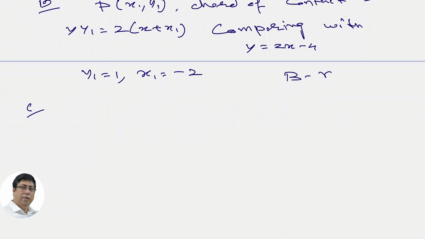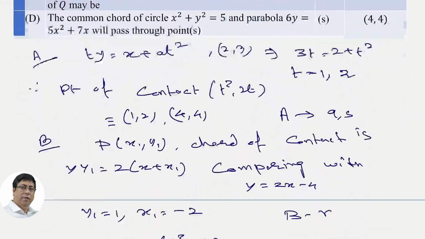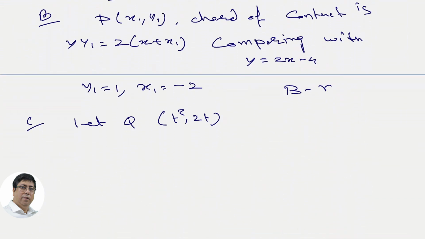Let Q be at square comma 2at, a is 1, so t square comma 2t, and O already we know, and another point is P, 4 comma minus 4, and O point is 0 comma 0. So it is a very easy sum.